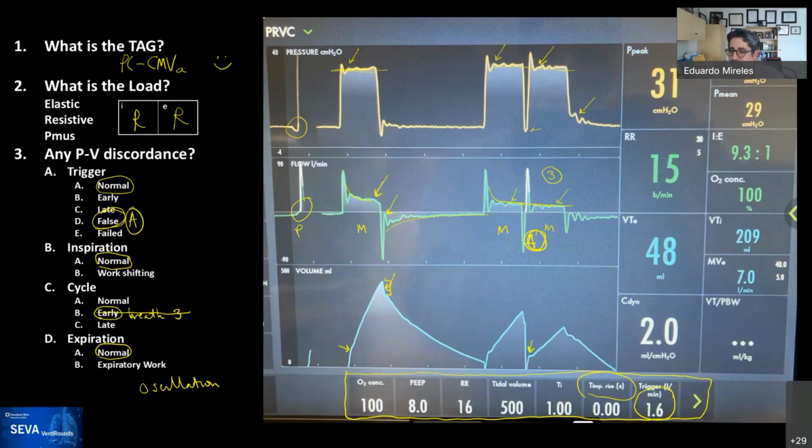He says, is PRVC an adequate mode in this situation? Well, what's the concern? I don't know, but would you have anything theoretically against using PRVC in a patient with obstructive lung disease?